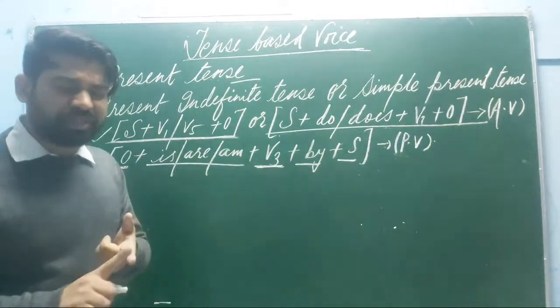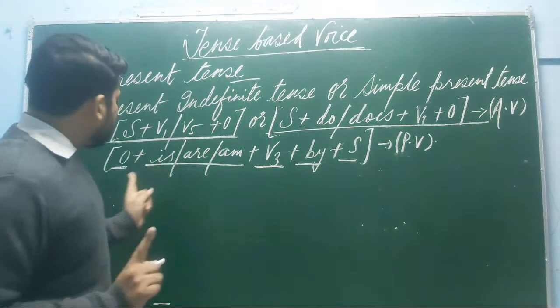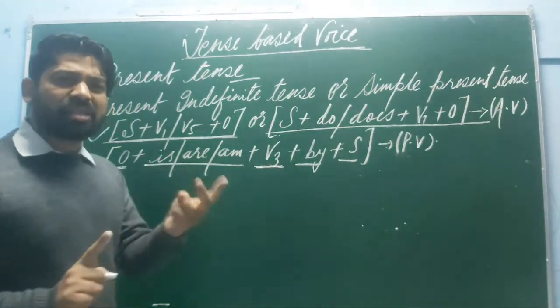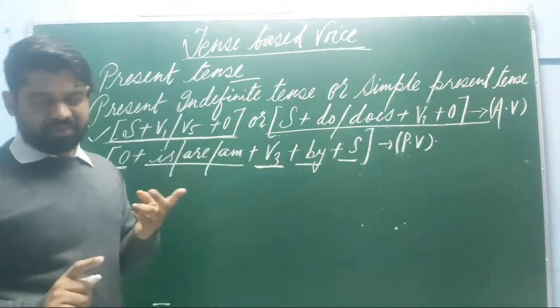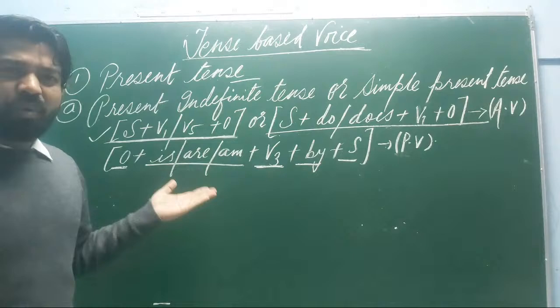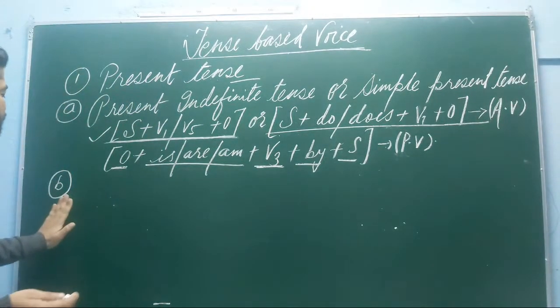I think in the class I had told you about the second present tense name, and it has three different names. Let's see what the three different names for the second form of the present tense are. That is the B number.